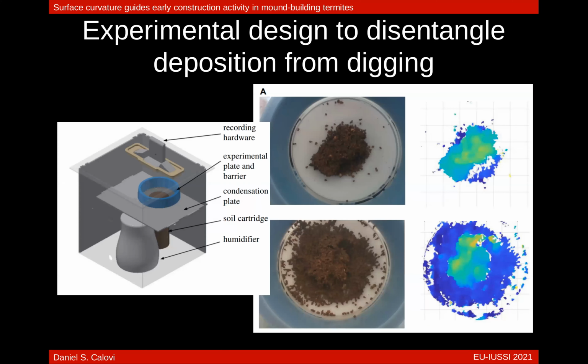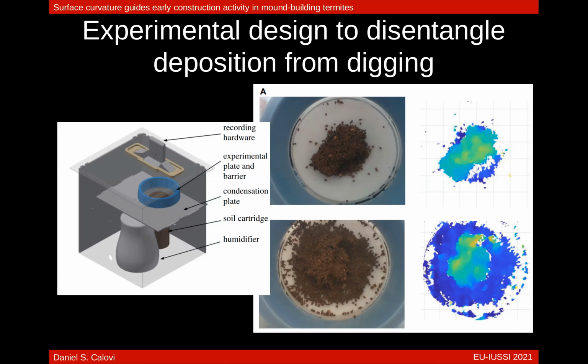But to better study how humidity plays a role in the construction of termites, we developed this humidity chamber, right? So it is a box with a humidifier in the bottom, and some humidity sensors. So there's no direct contact between the jets of humid air and the termites.